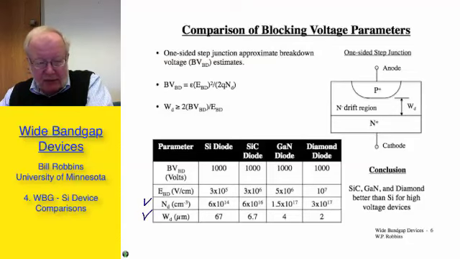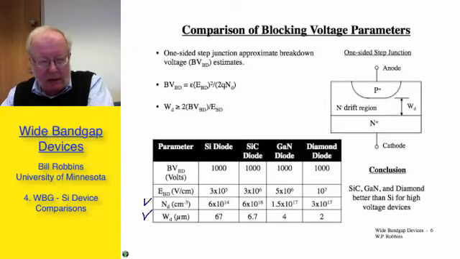And the other materials, gallium nitride is similar to diamond in the doping density, and a little bit less than the gallium nitride and diamond is silicon carbide. But they're all much smaller drift region lengths and much higher doping densities than the silicon device. So this indicates, I think, rather conclusively why we are interested in these wide bandgap materials.